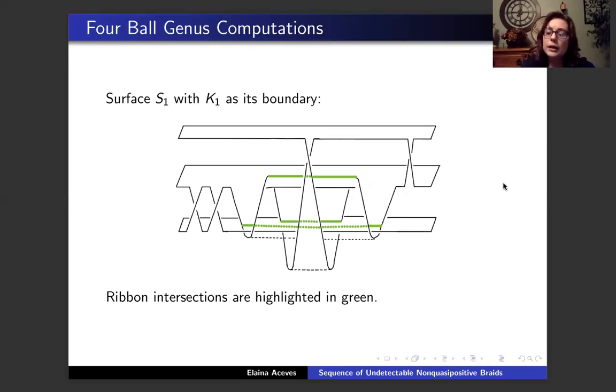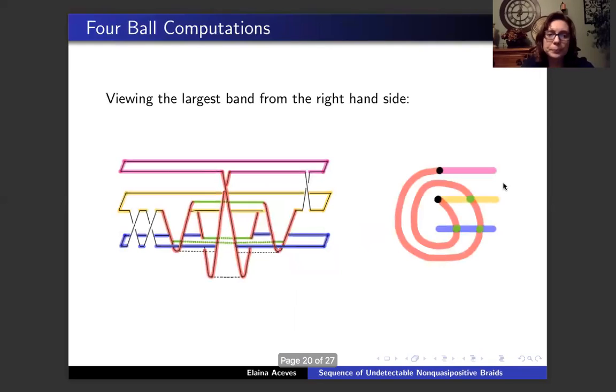If this is not easy to see, I have another picture for us. So same surface, I've just highlighted the discs, now red, yellow, and blue. If we're viewing this surface from the right-hand side, these discs become line segments. Here's pink, yellow, blue. I'm ignoring the twisted bands here, only looking at the orange band.